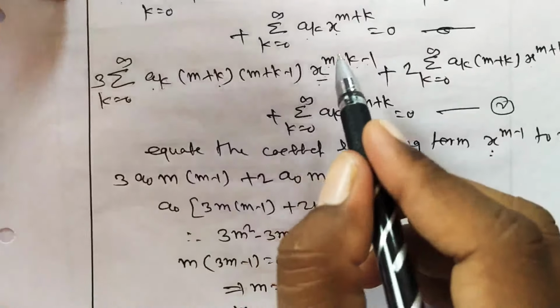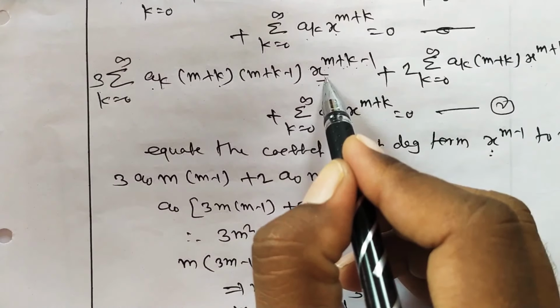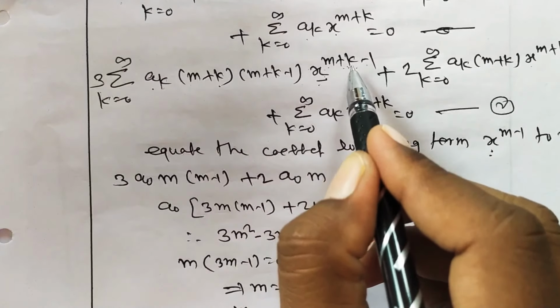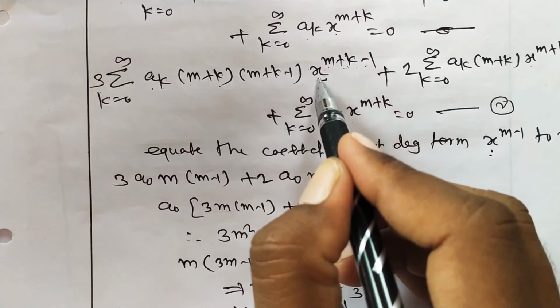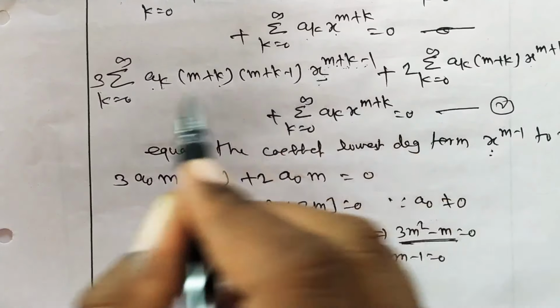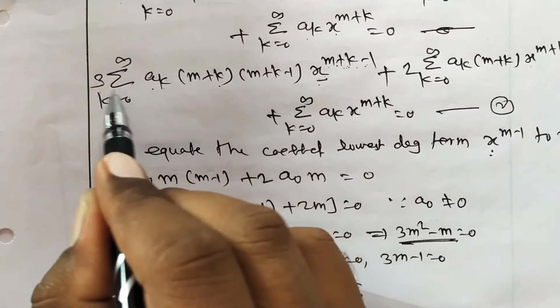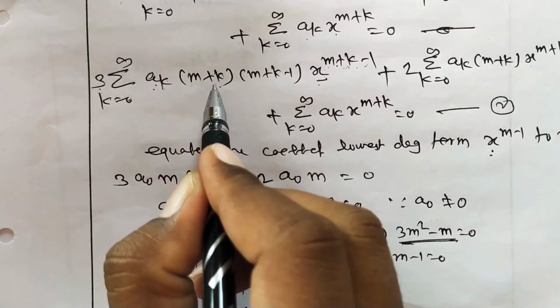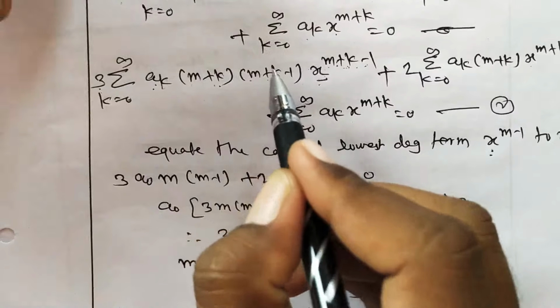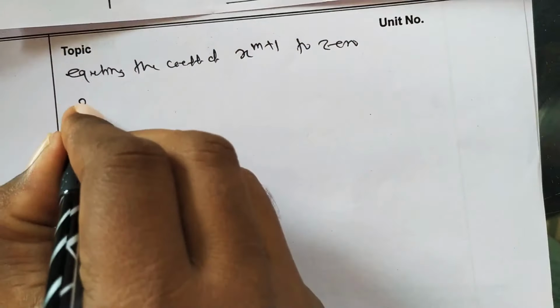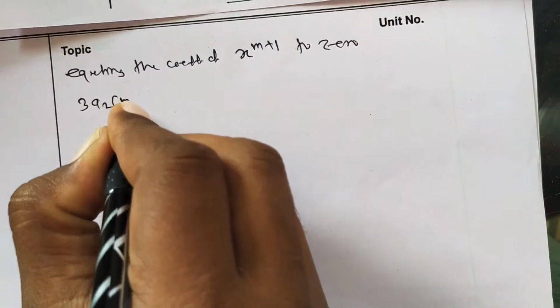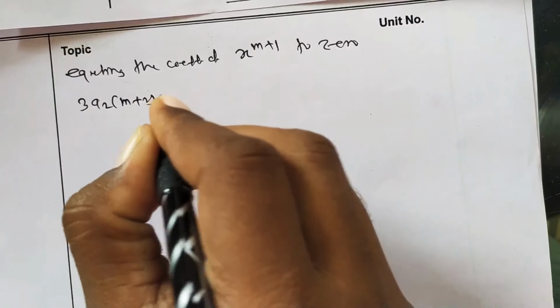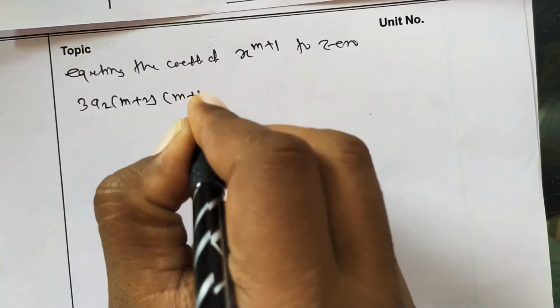Okay, now when we get x to the power m plus 1, if we put k equal to 2, 2 minus 1 gives 1, meaning x raised to m plus 1. For k equal to 2, the expansion of the first series is 3 into a2 (m plus 2)(m plus 2 minus 1), that is 3a2 (m plus 2)(m plus 1).